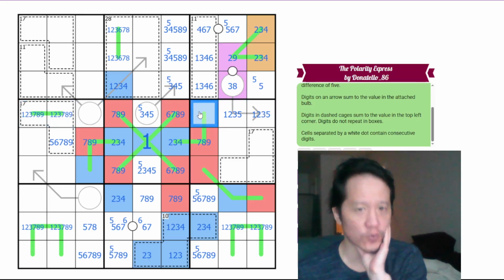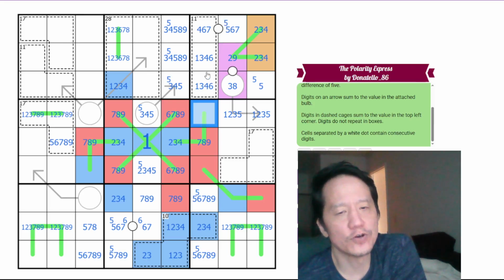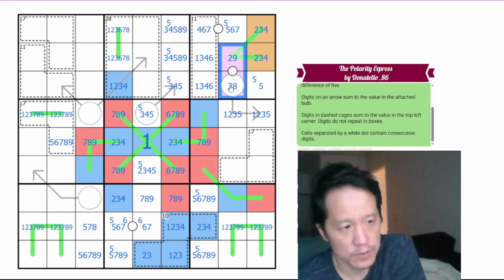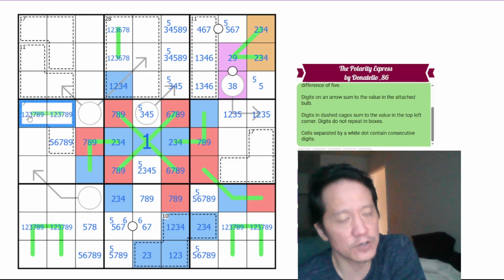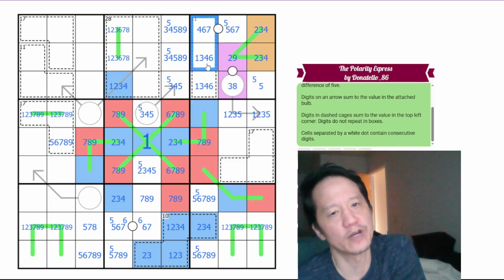This would be 4. Ah, and we'd have a contradiction. Okay, so if we try to make these both lows, we can't do 1, 2, 8 because then this 3 requires 8 and 9. We tried to have 2 and 3. That makes this 1, 2, which would make this low here a 3, which would make that a 4. But then we already have a 1, 4, 6 here. So this can't be 2 and 3.